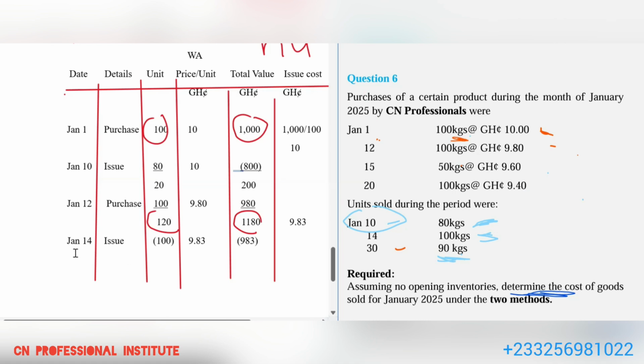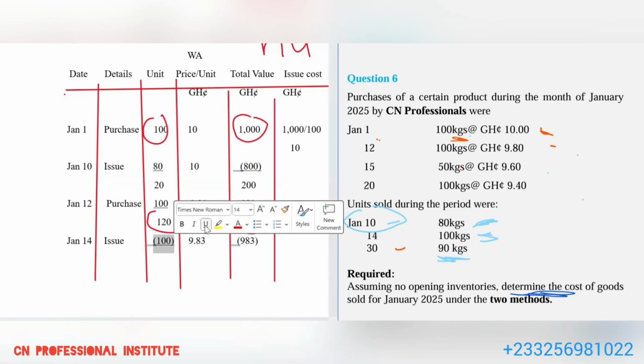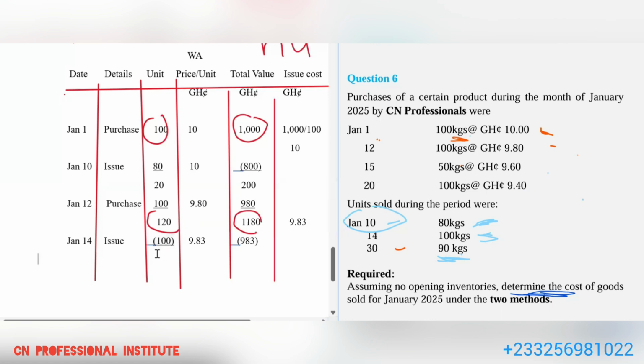Then even still after this, you can still get the balance. If you want to get the balance, what will be the balance? 20. Because we had this 120 here, we sold 100, so we are left with 20. Okay, so here we have 20 units left, right?